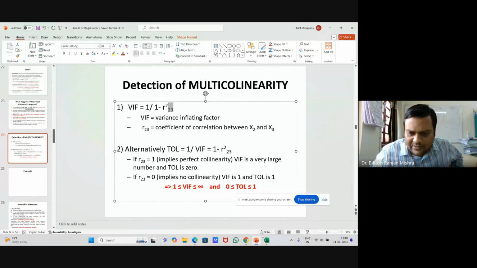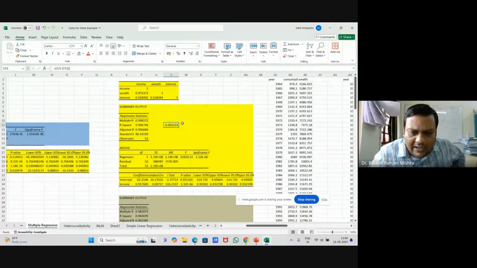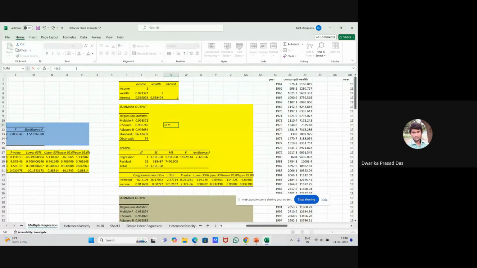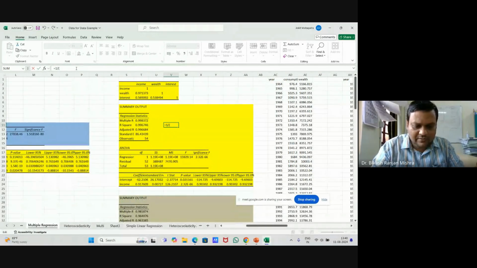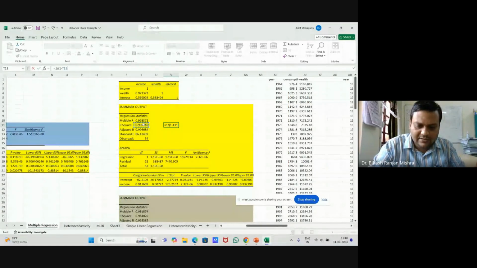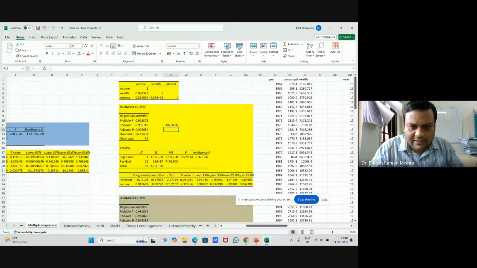Sir, some problem arises, the bracket is not right. 1 by, bracket start with 1 minus, within the bracket, 1 minus R square, this series. Is it okay? Let's see what happened.